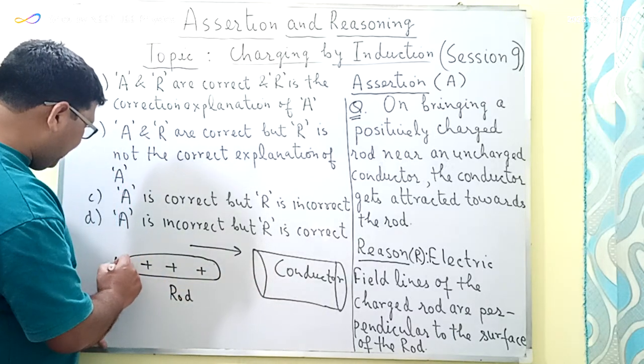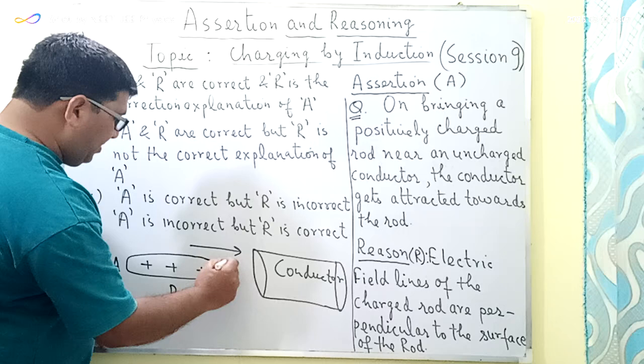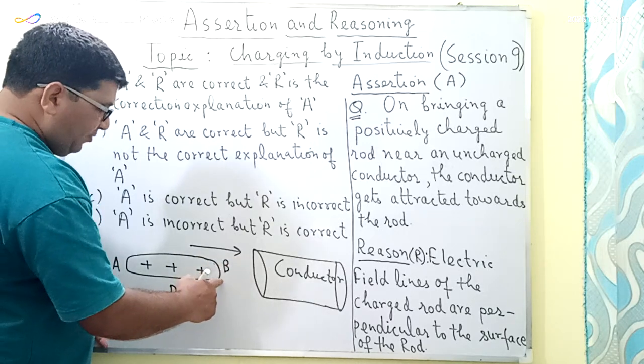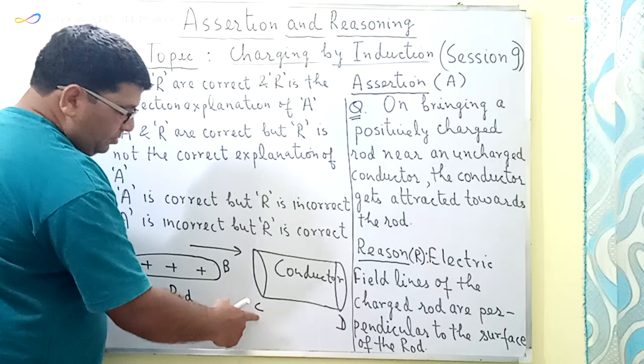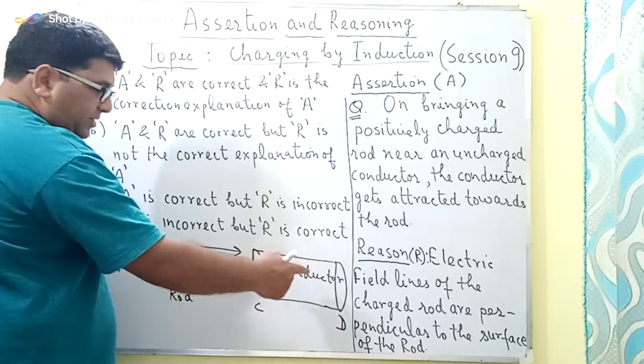I am just depicting this rod as AB, and B is the face which is near to the face C of this conductor.